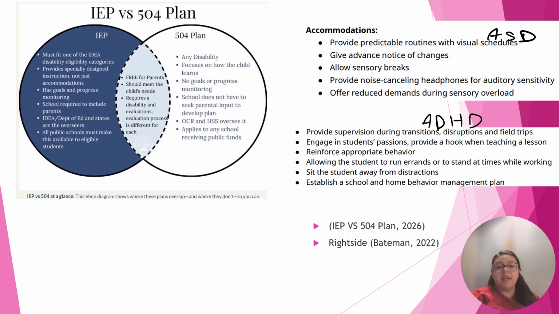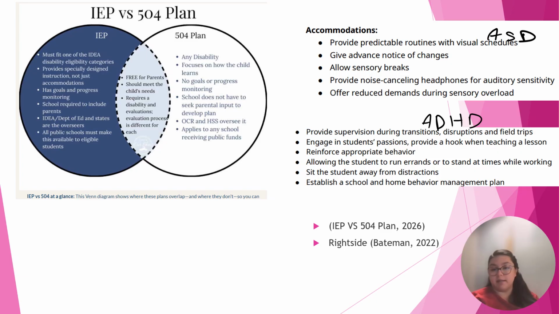Okay, so here we have accommodations recommended from the 504 for somebody with autism. This may look like providing predictable routines with visual schedules, giving advance notice of changes, allowing sensory breaks, providing noise-canceling headphones, and offering reduced demands during sensory overload.